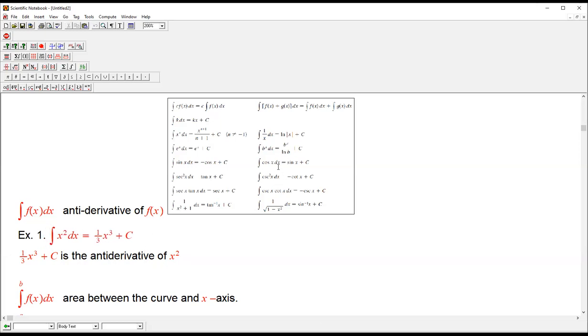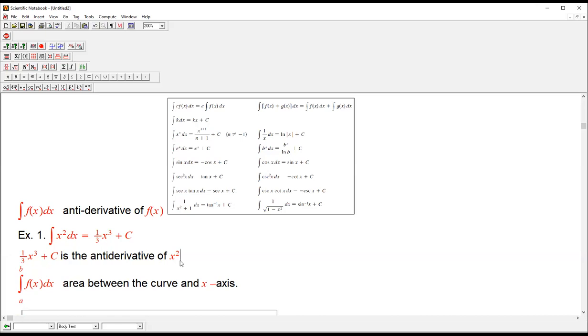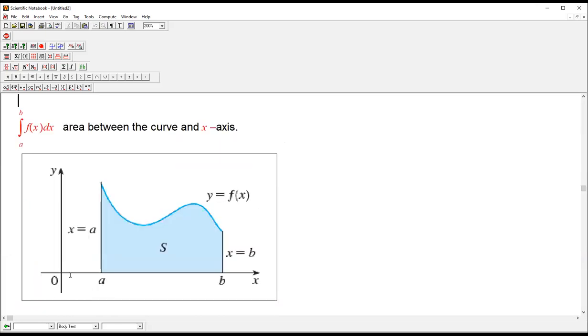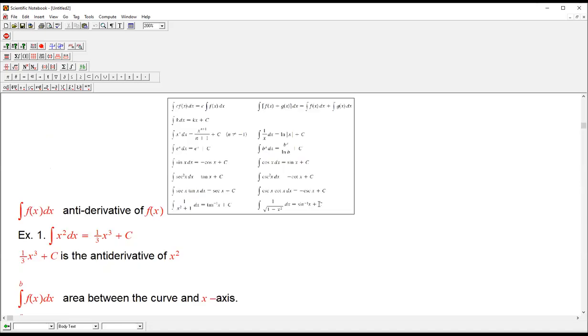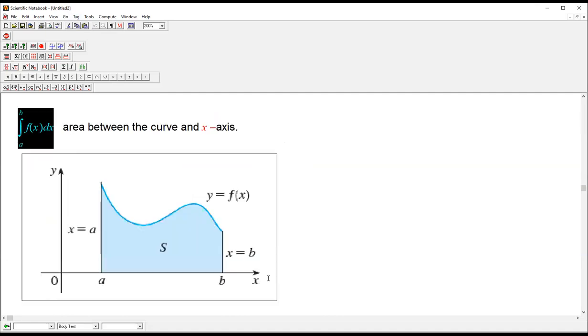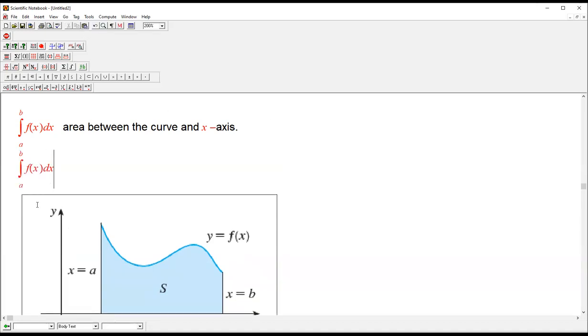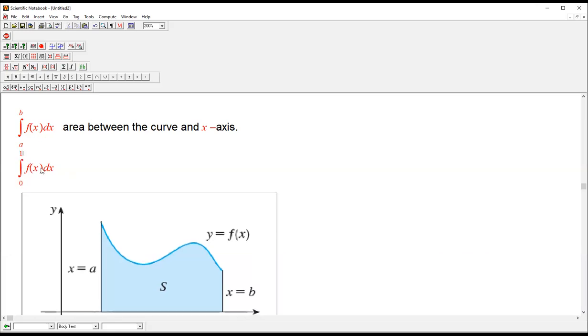And take another example. Example number 2, okay, the other example, I will put it for definite integral. So what I would like to show you in the case of definite integral, suppose we have a function, and this function from 0 to 1.